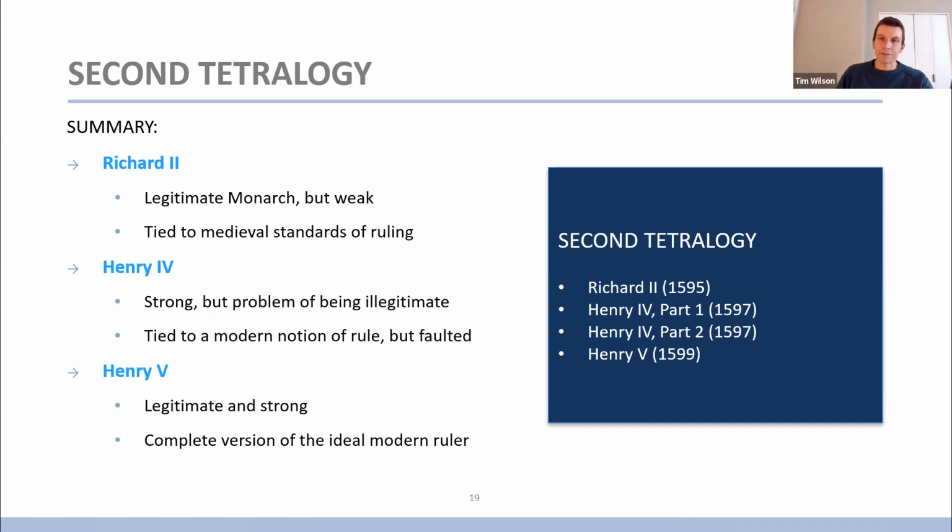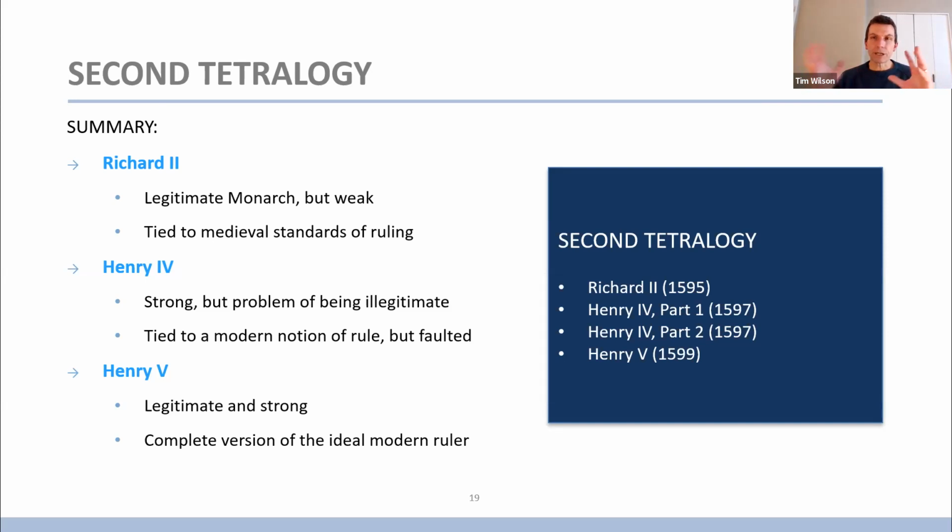Whereas Richard's got this medieval standard for ruling: I'm divinely anointed, I don't have to worry about anything, God will protect me. So this is an extremely medieval view, where he doesn't even take serious steps to secure his monarchy. And then the other extreme, where what rules is power, is let's say an extreme modern view.